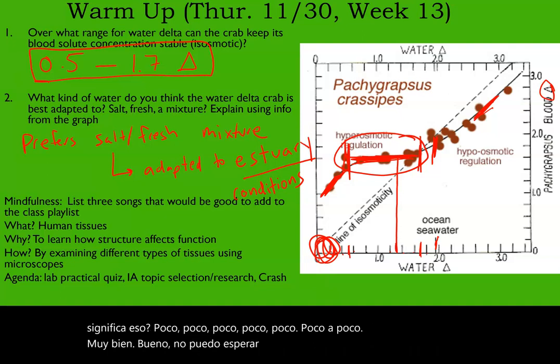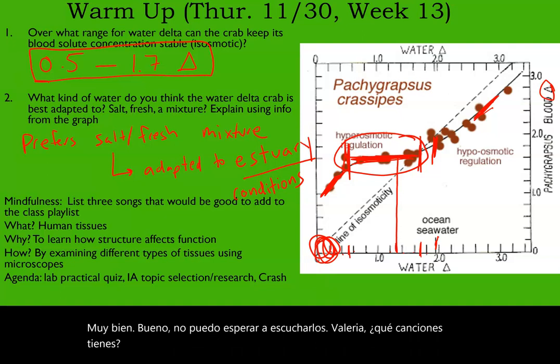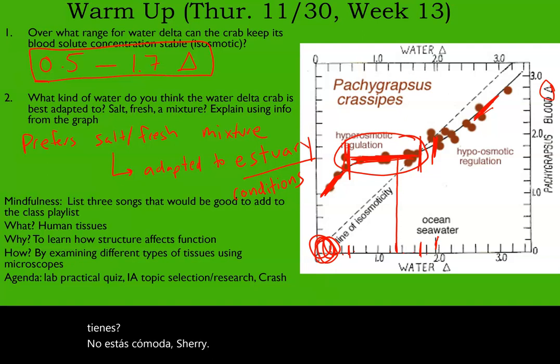Valeria, what songs do you have? You're not comfortable sharing? Is it sometimes hard to share our music? It is. Why is that? It's personal, isn't it? It's really interesting how it works.